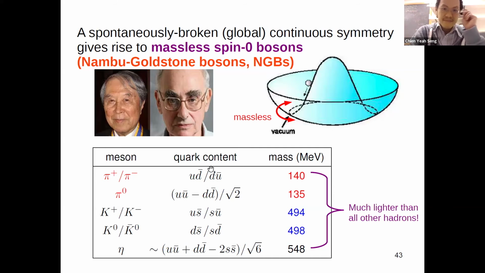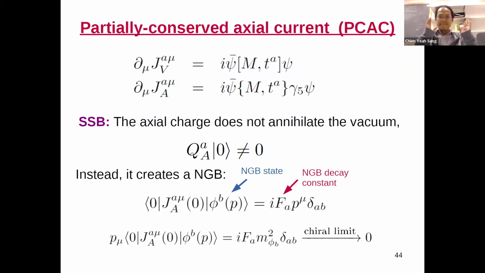Therefore, we can identify these pseudoscalar mesons as Nambu-Goldstone bosons. But you may ask, just now you said that the Nambu-Goldstone boson must be massless, so why do these have mass? This is because the chiral symmetry is not just broken spontaneously, but also broken explicitly by the non-zero mass of the quarks.